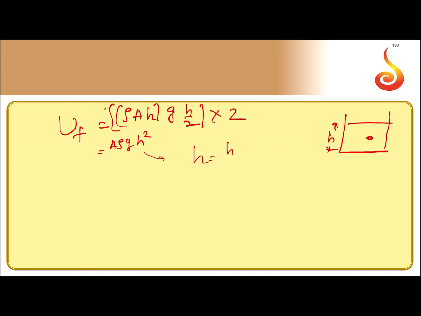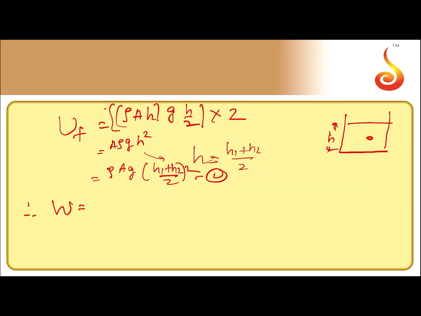This height is nothing but (H1 plus H2) divided by 2. Is that correct? Yes. So this is rho A G ((H1 plus H2) divided by 2) whole square. This is my equation number 2.